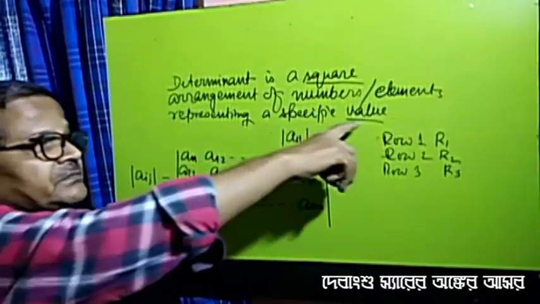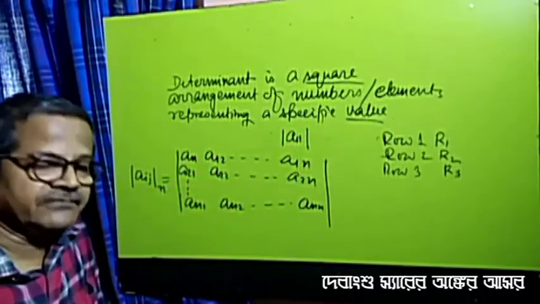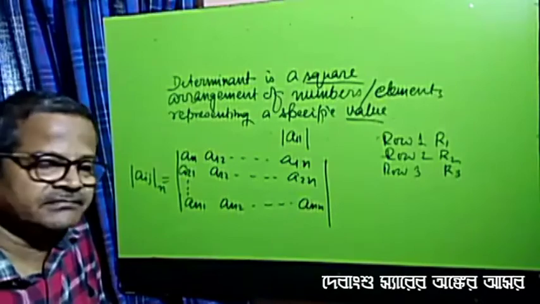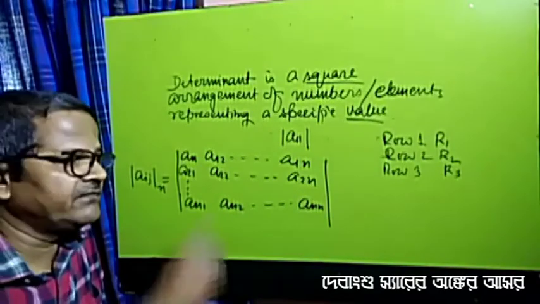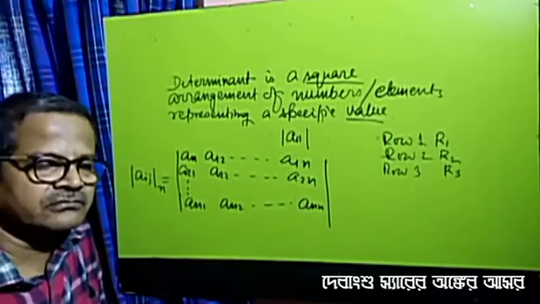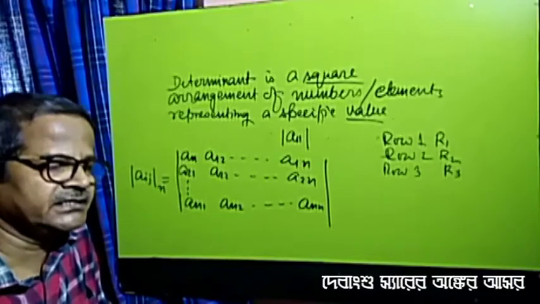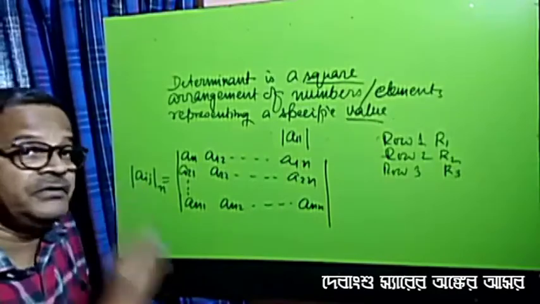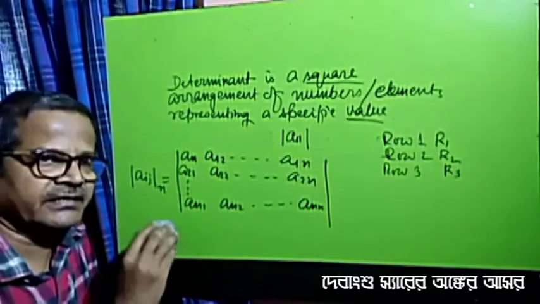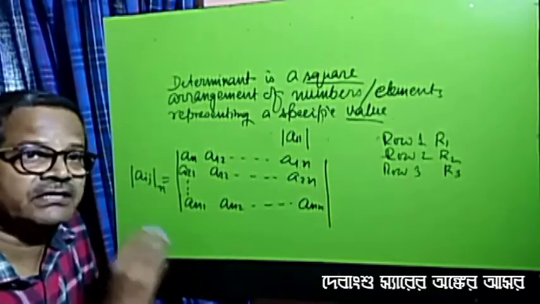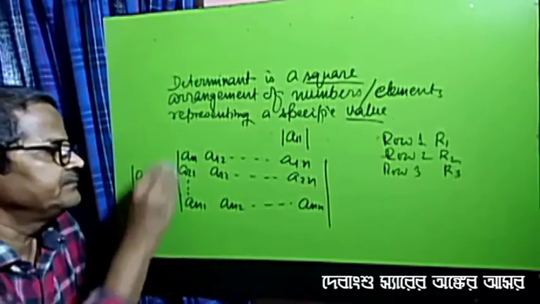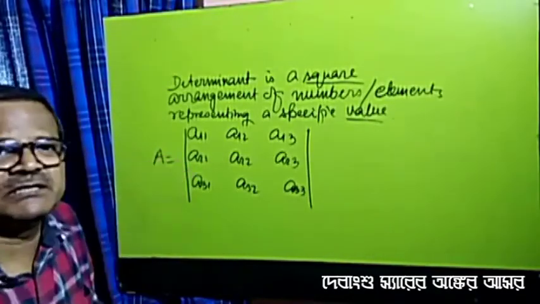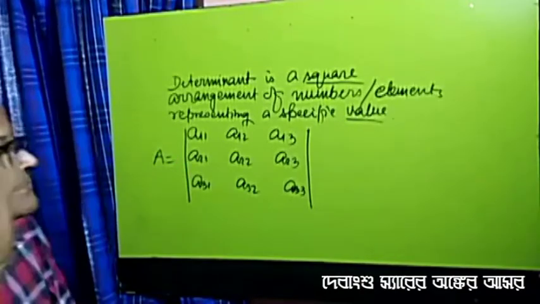And a determinant represents a specific value. So what is the value represented by this? To calculate the value represented by this determinant, we have to expand it. Before we expand a determinant, we have a few other things to learn. Let us consider this determinant, and names of determinants are represented by capital letters.